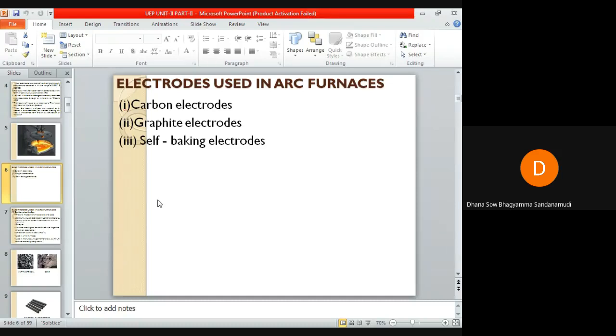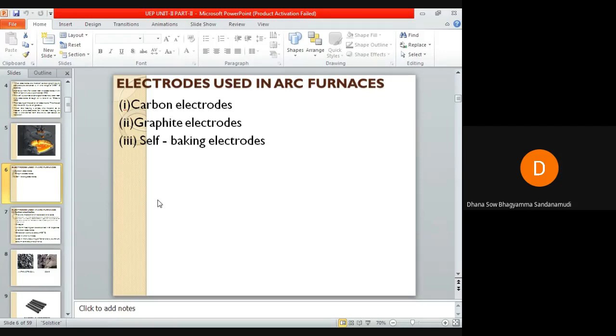Graphite electrodes are obtained by heating carbon electrodes to a very high temperature. Owing to the lower resistivity of graphite, which is one-fourth of the carbon, graphite is required half in size for the same current, resulting in easy replacement.